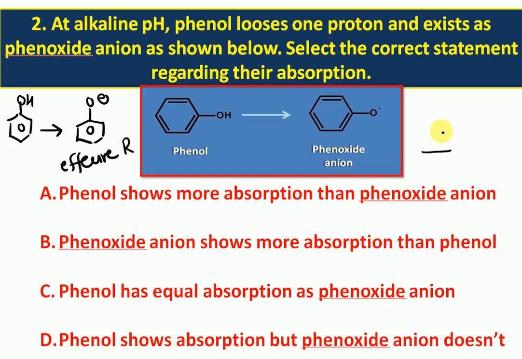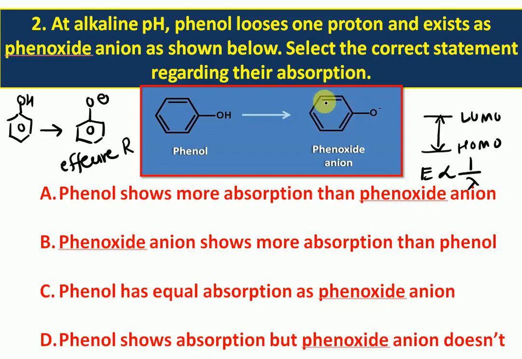And whenever more effective resonance is present, there is decrease in energy gap between HOMO and LUMO, and due to decrease in energy gap, there is increase in wavelength. We know the relationship, energy is inversely proportional to wavelength. So if energy is less, wavelength of absorption will be more.